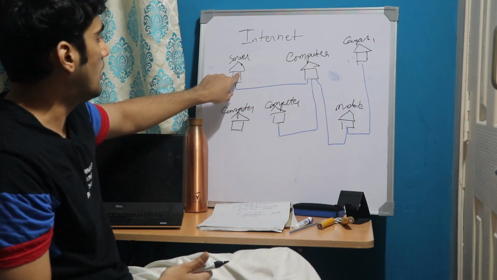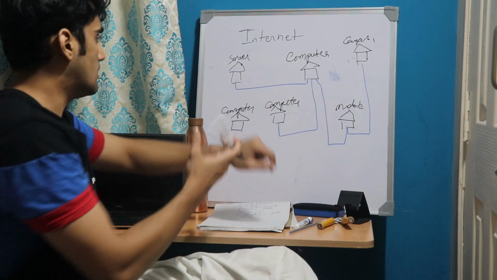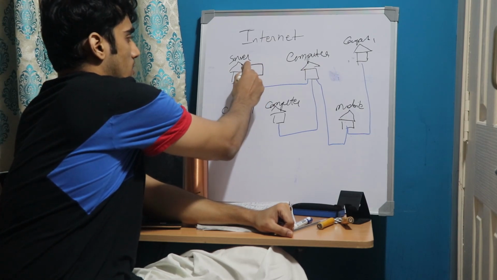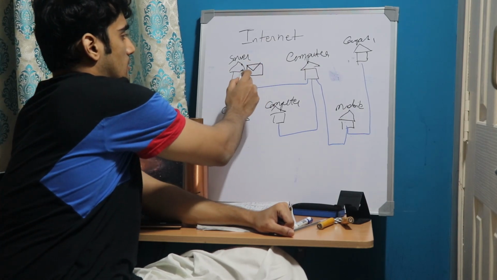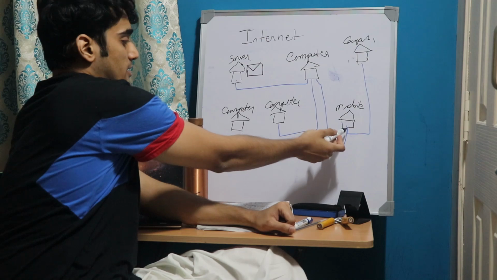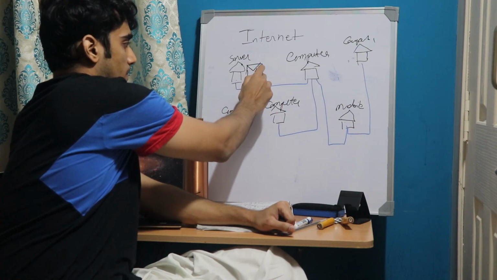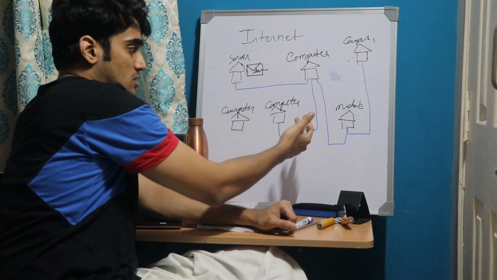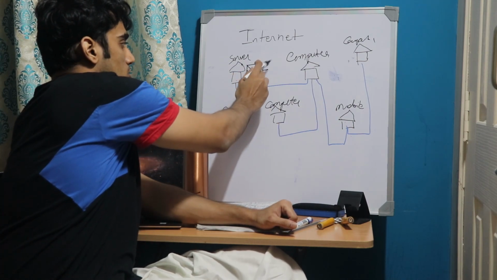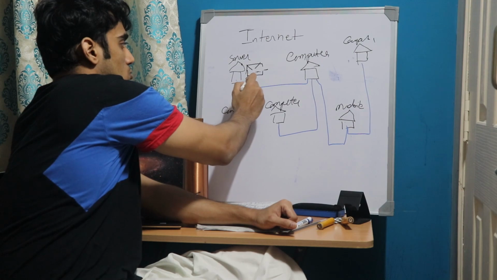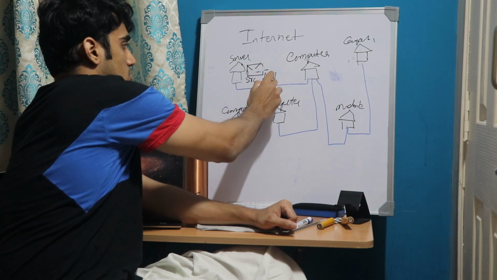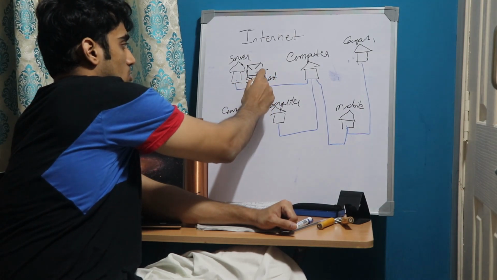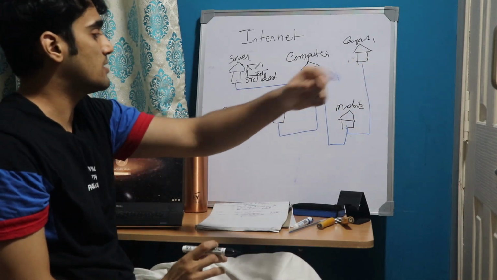This server will create a data packet and put in the destination's address and its own address, so that the destination knows where it is coming from. So source and destination addresses are both in this packet, and then this packet is sent.